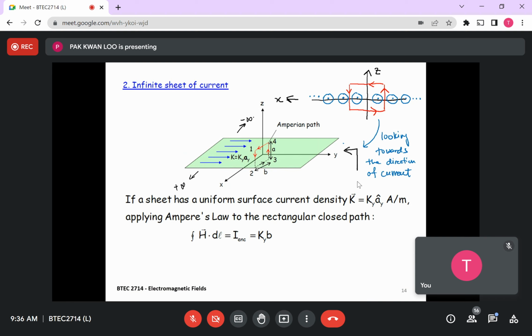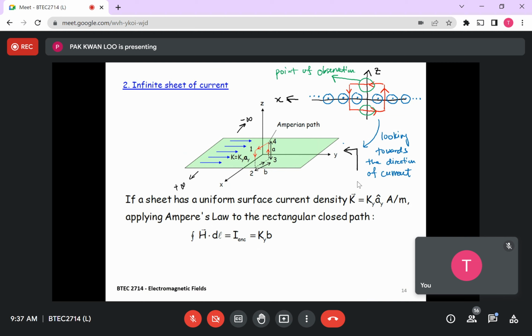The tends-to-infinity part is from the point of observation. So let's say this is my point of observation, the one that I circle, close to the surface.